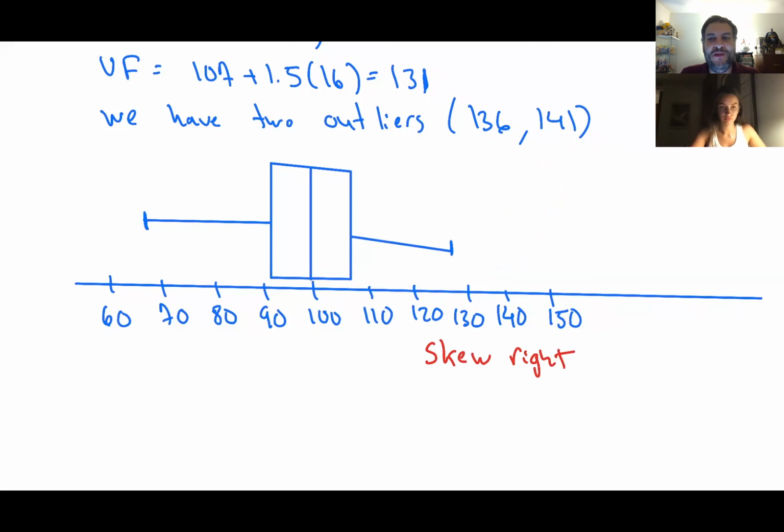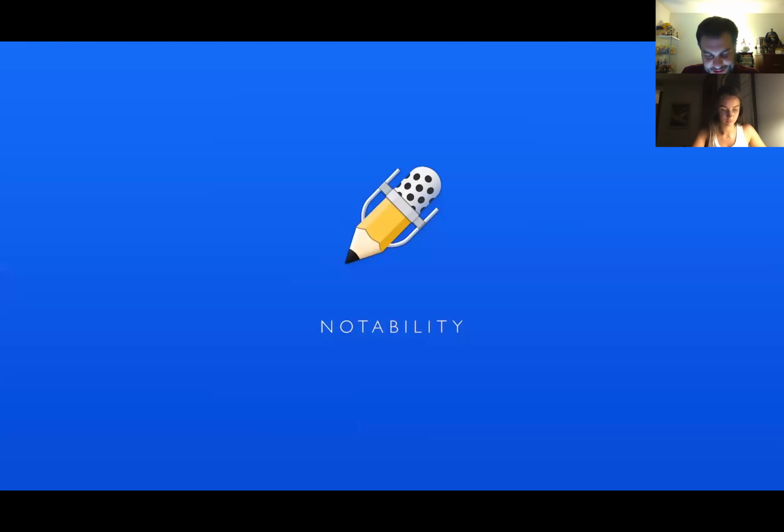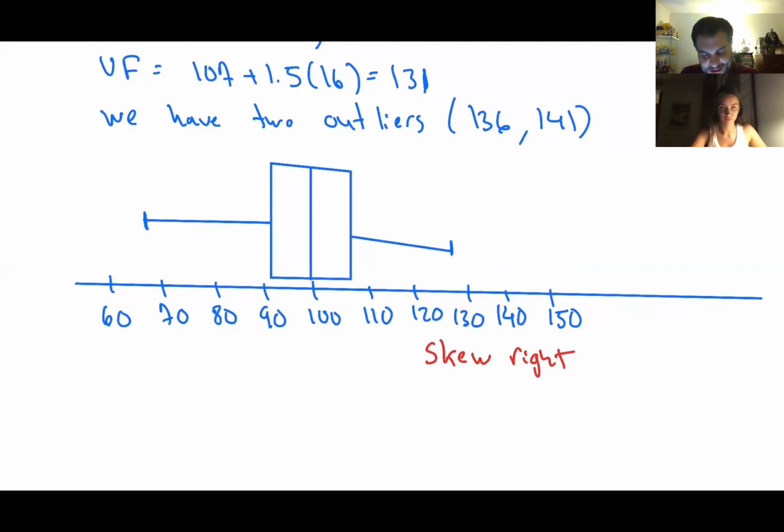But once we add those outliers, it essentially makes it skew to the right. So you can't just ignore the outlier. You have to factor the outlier into that scenario. So yeah, the outlier makes it skew to the right.